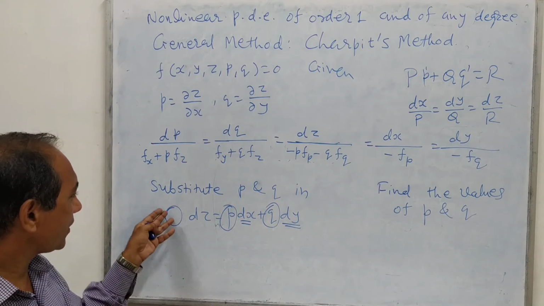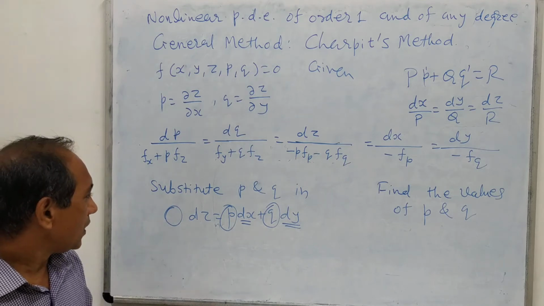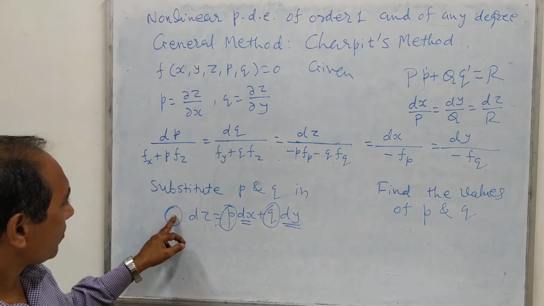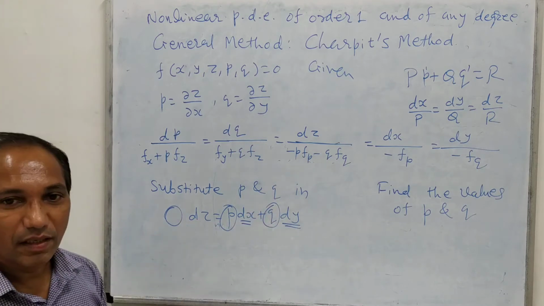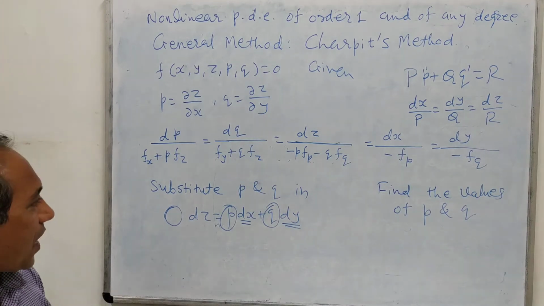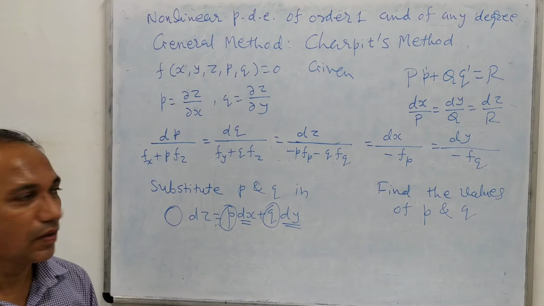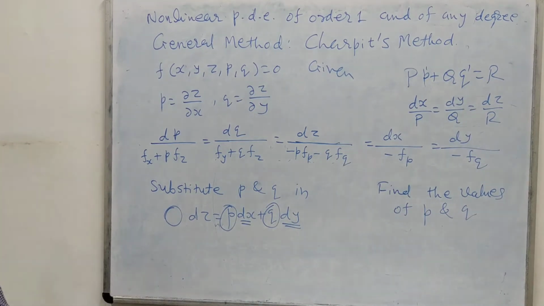Or if z is there, we can also bring this z over to the left hand side. So function of z must be with dz, function of x with dx, function of y with dy. If they are mixed, then we can separate them. After that we need to integrate, and after integrating we can obtain the final solution.